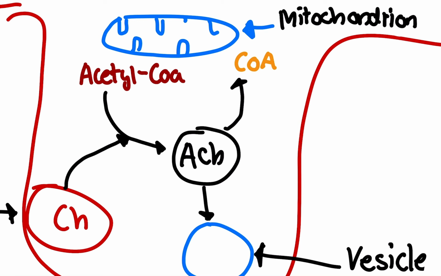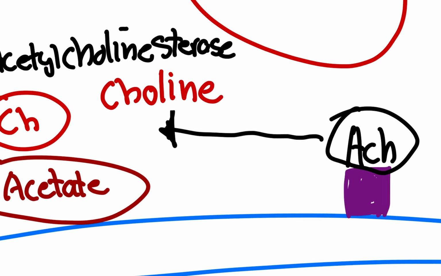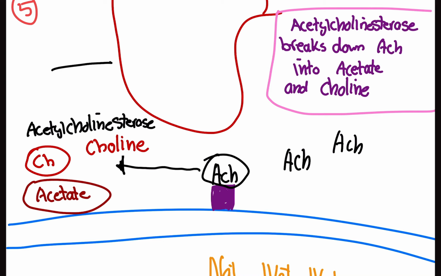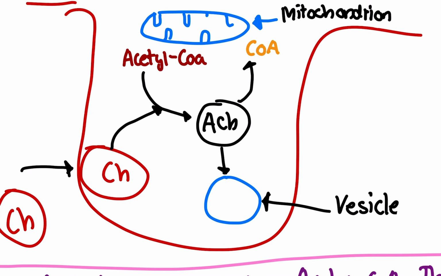Okay, this acetyl-CoA is going to bind. It's going to basically merge with the choline molecule we recycled. Okay, so we recycled, right, our choline molecule. It's going to go inside, and it's going to bind with acetyl-CoA from the mitochondrion. The mitochondrion makes this. It's like a factory.